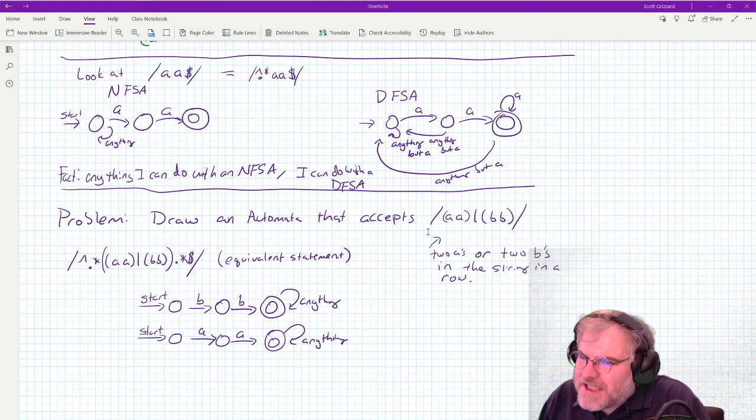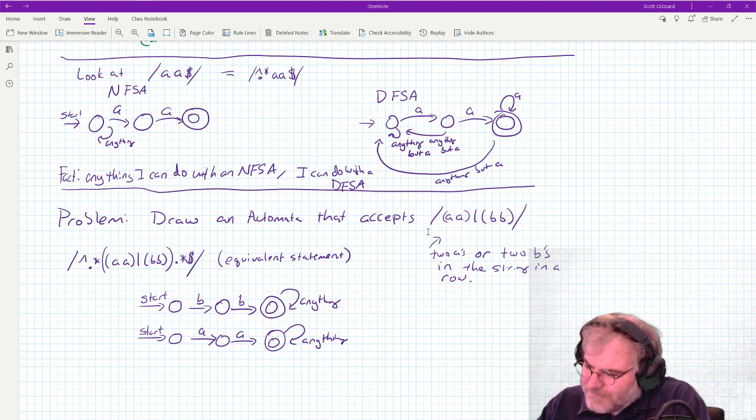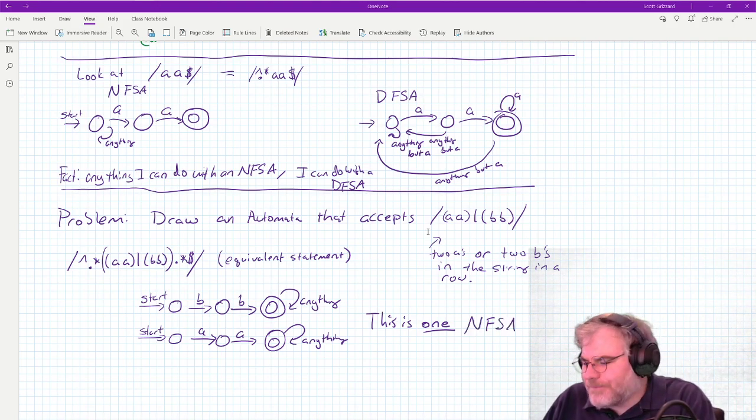This is one machine. Anything with two B's will match.